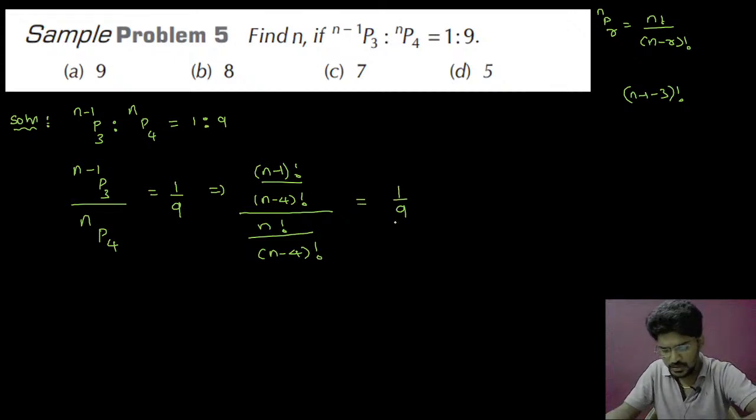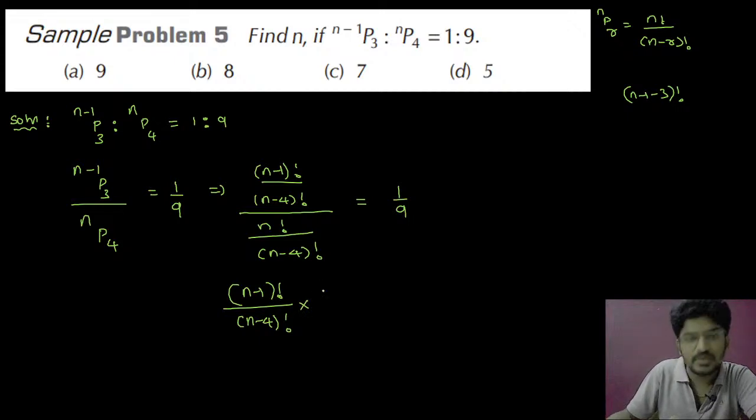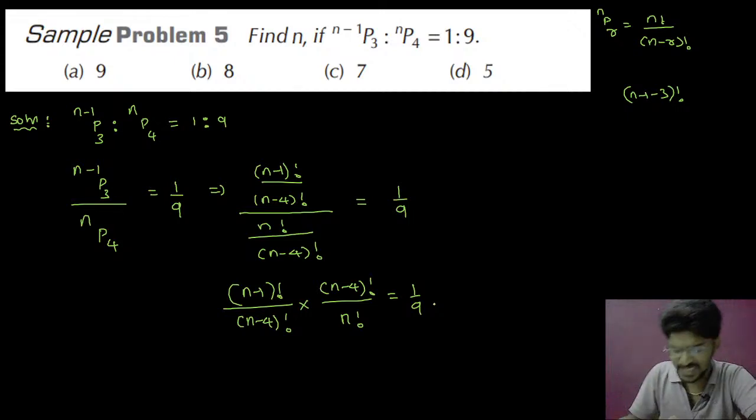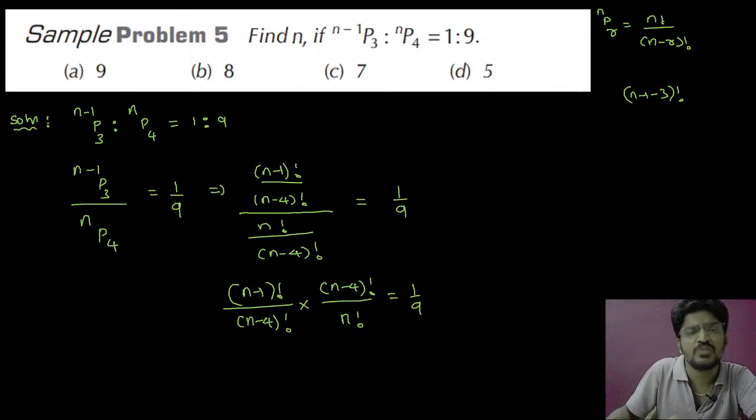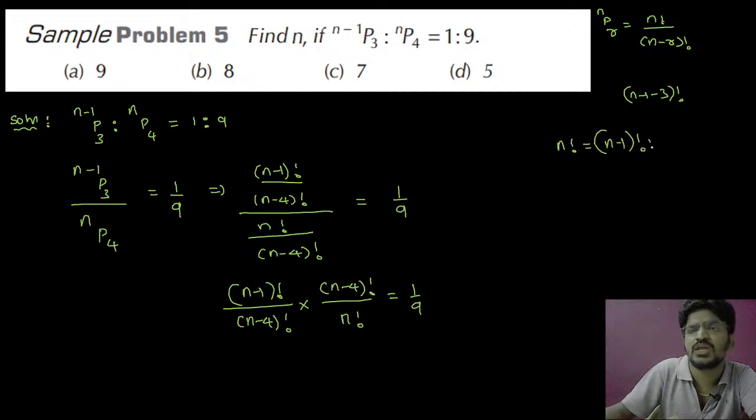Now you can just see n minus 1 factorial divided by n minus 4 factorial multiplied with n minus 4 factorial divided by n factorial equal to 1/9. Here you can easily observe n minus 1 factorial and here n factorial. How can you write n factorial? n factorial can be written as n minus 1 factorial into n.